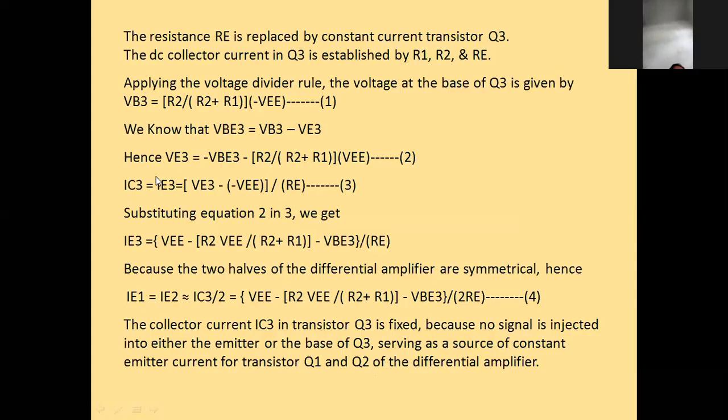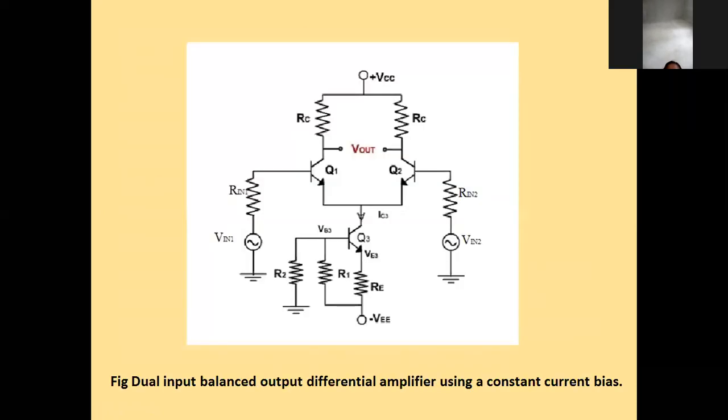Now IC3, that means the current through the collector of transistor 3. This one is IC3. Here also we have a current, which is called the collector current, and we indicate it as IC3 because it is relevant to transistor Q3.